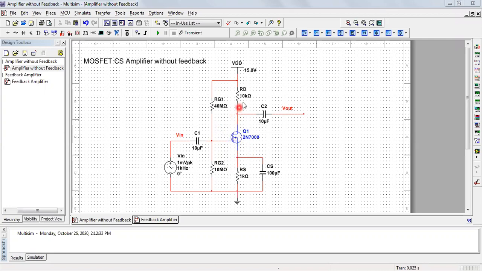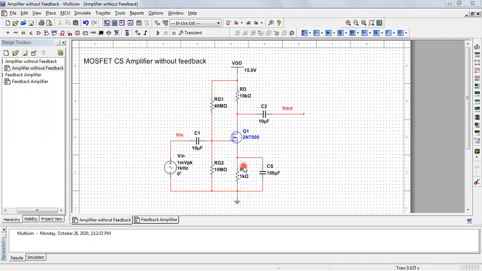The rest of the components: we have a drain resistance, we also have a source resistance connected, and we have a bypass capacitance. All of you know the significance of the bypass capacitance, clear? It will bypass our source resistance, because the source resistance decreases the gain of the amplifier, and that is an unwanted thing.